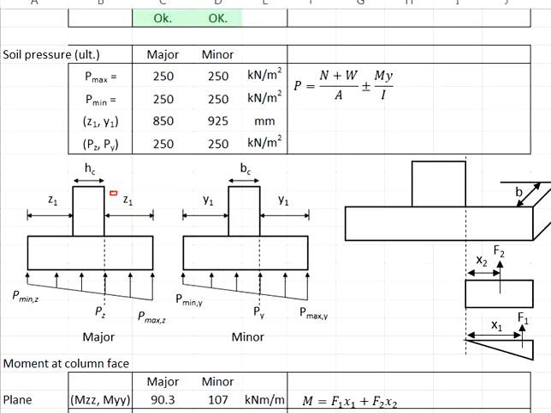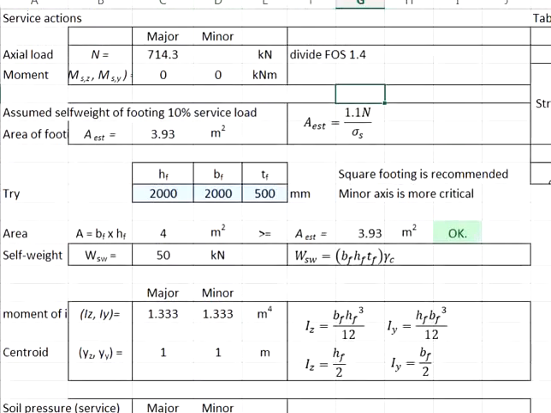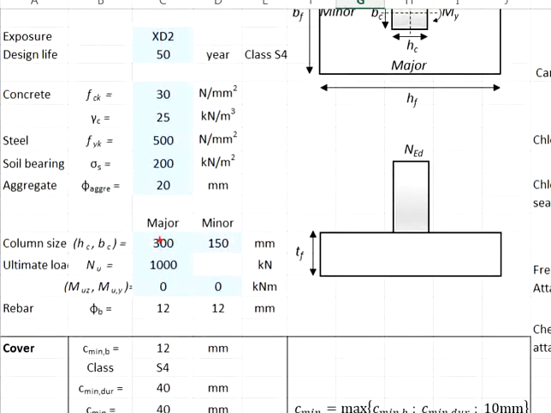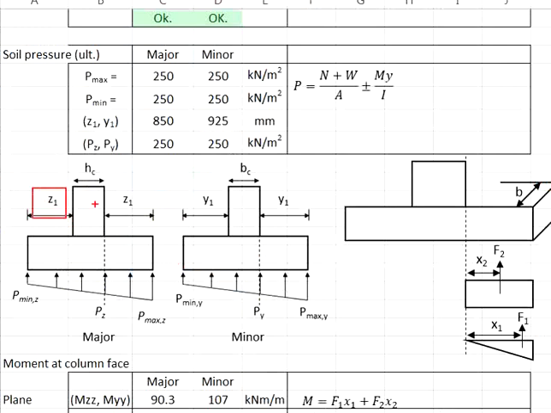In order to calculate this Z1, you will take the width of the pad footing. We are talking about the major axis, minus the width of the column in the major axis, and then divided by 2.